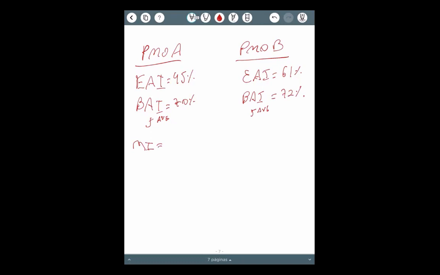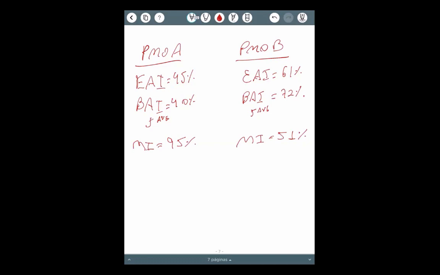And finally, the overall maturity indicator. Let me make a change, just a second. Instead of 70, 40. And the maturity indicator for PMO A was 95, and the overall maturity indicator for PMO B was 51.